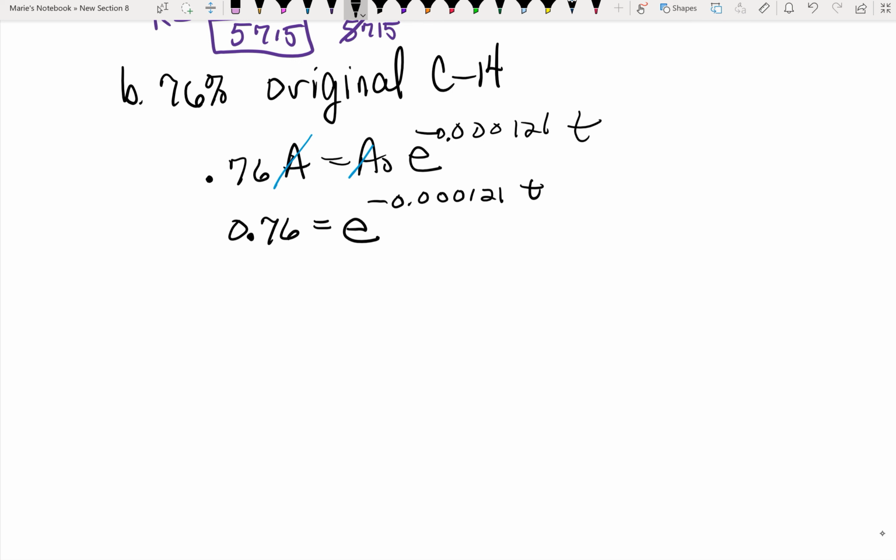If we take the natural log of both sides, again, remember, the natural log and e cancel each other out. That never changes.